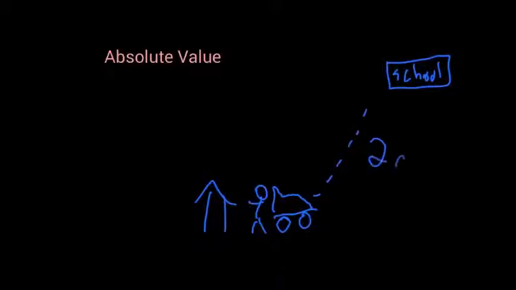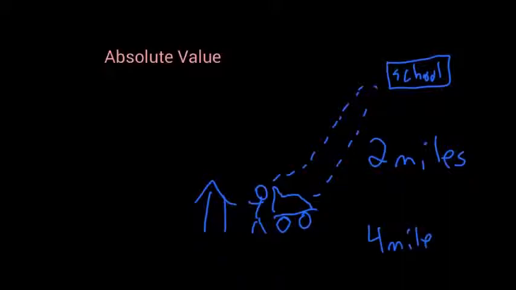It's 2 miles to get there. Then I turn around and I come back home. Now, I ran 2 miles there and then I ran 2 miles home. So I went there and I went back. I didn't run 0 miles. I ran 2 miles there and then another 2 miles back. So in total, I ran 4 miles to get my son to school.